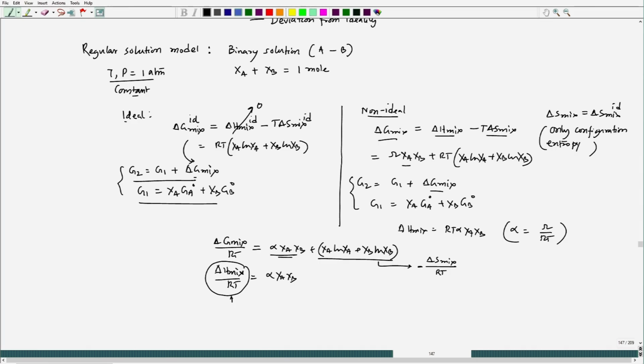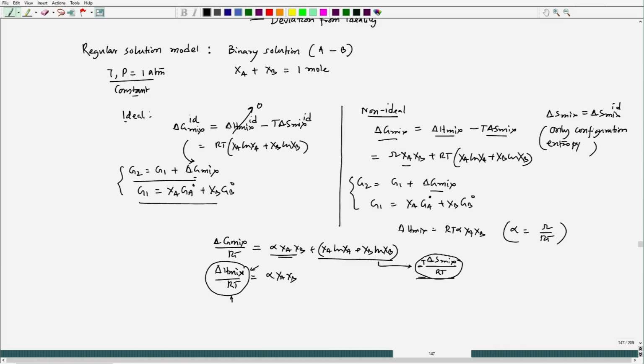So, if we look at the magnitude, that value would be less than the value of this del H mix by R T term around mid concentration at some point, because this del H mix by R T value starts superseding the minus del S mix by R T value, the value part I am talking about, because this quantity is always negative. Here we also have to add one term, T.